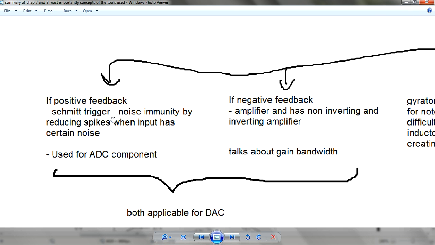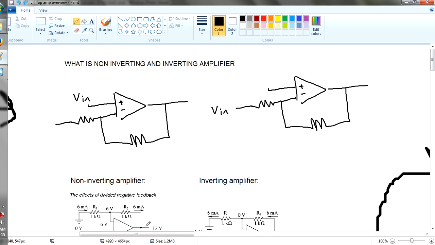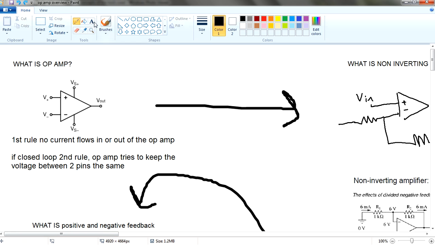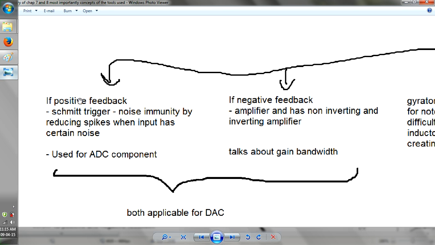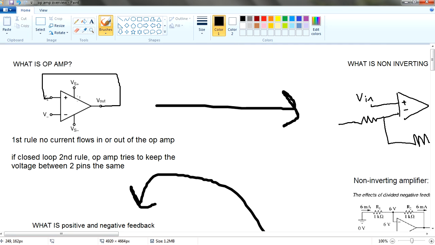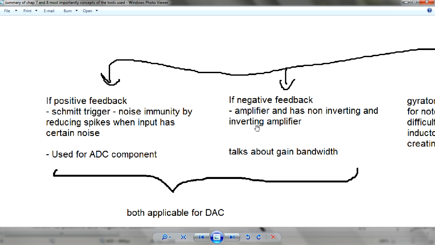Positive feedback means you close the loop, feeding this output into the non-inverting side, which is the positive side. You're connecting the closed loop feedback to the positive side. If you feed back to the negative side, you're going to create an amplifier.